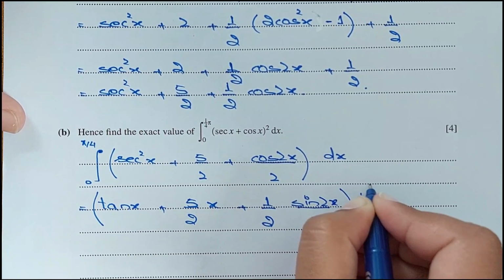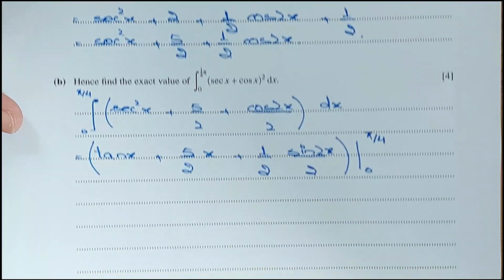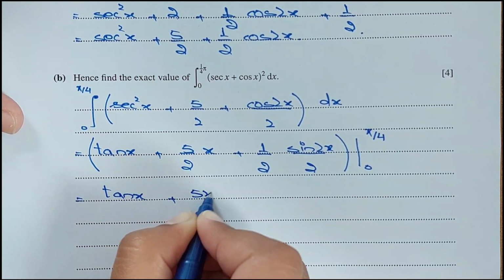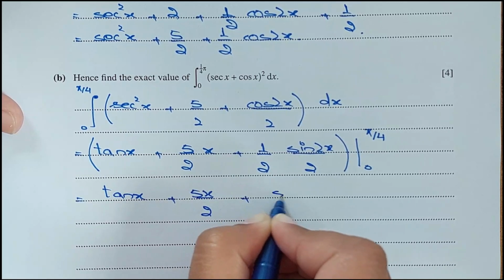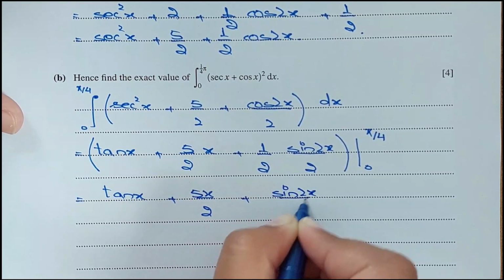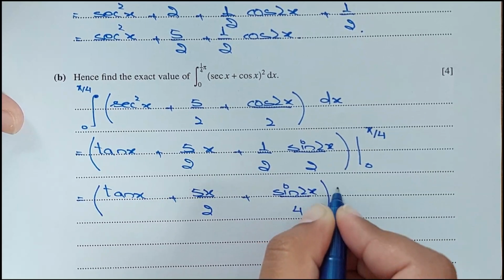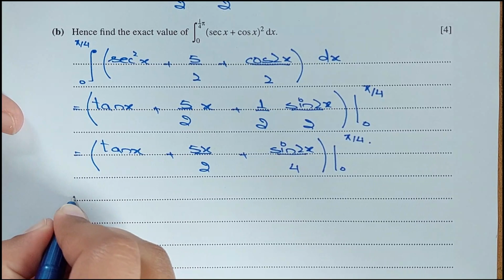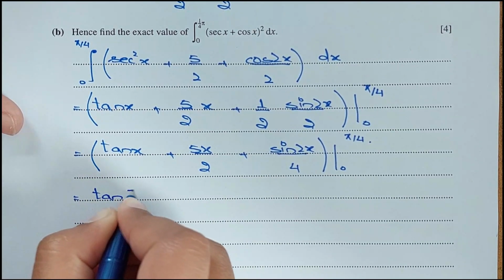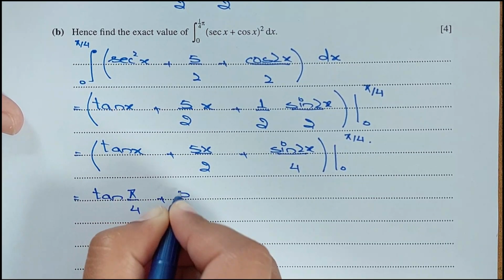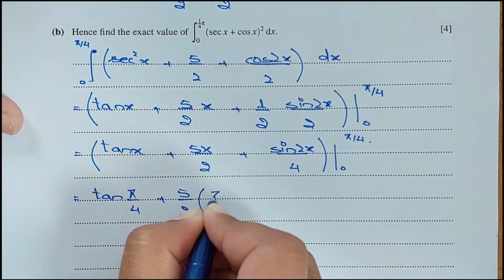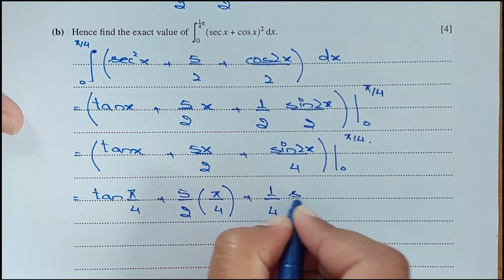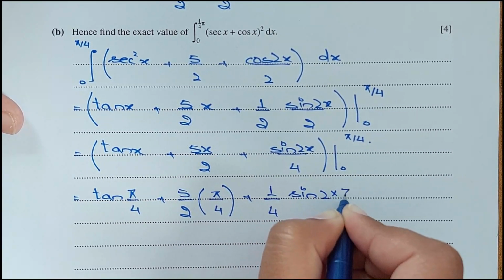Substituting the limits from 0 to pi by 4. Right. So this is tan x plus 5x over 2 plus sine 2x over 4 from 0 to pi by 4. Let me substitute the upper and the lower limits. So we can say tan pi by 4 plus 5 by 2 times pi by 4 plus 1 by 4 sine 2 pi by 4.